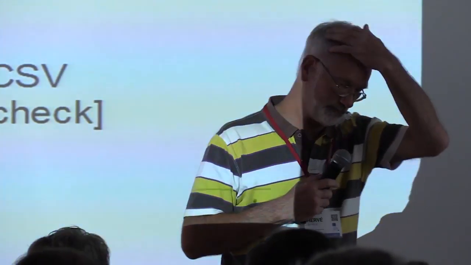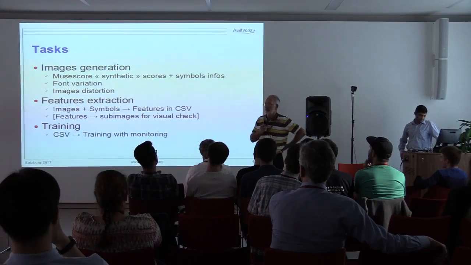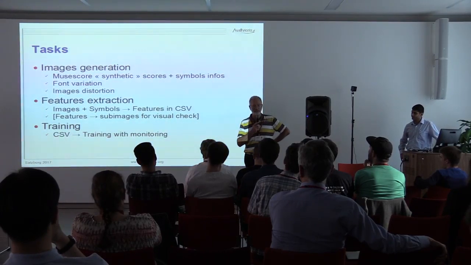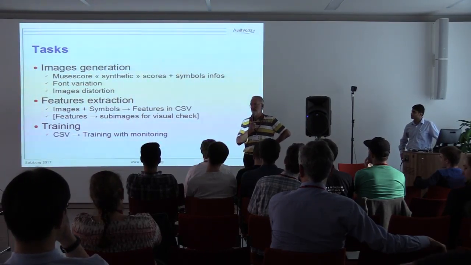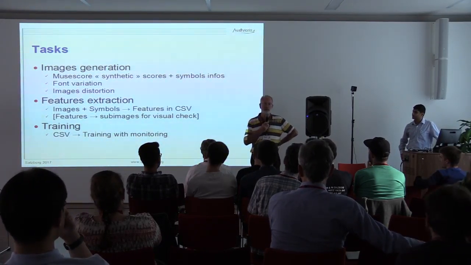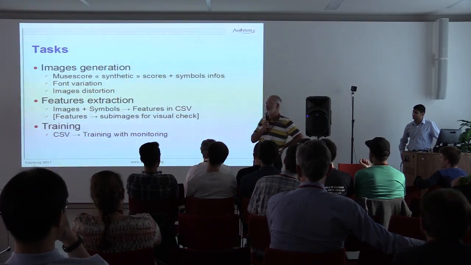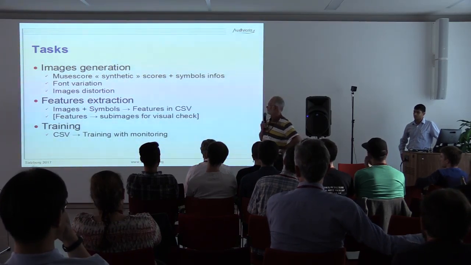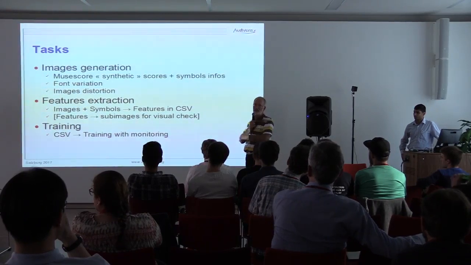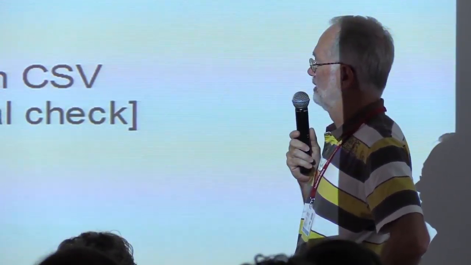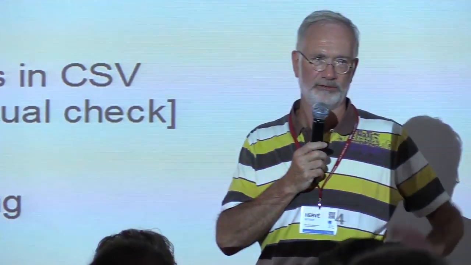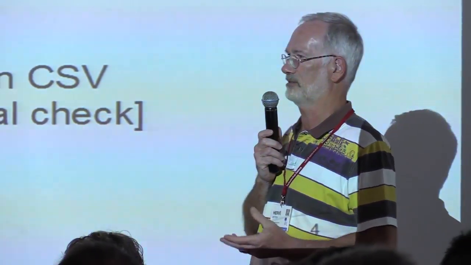Okay, so the problem we have, and I think that Thomas was right when he said that the more data we have, the better results we are able to get, and this is something which applies also here. So what we need is a way to generate images of scores, but something that we can master.